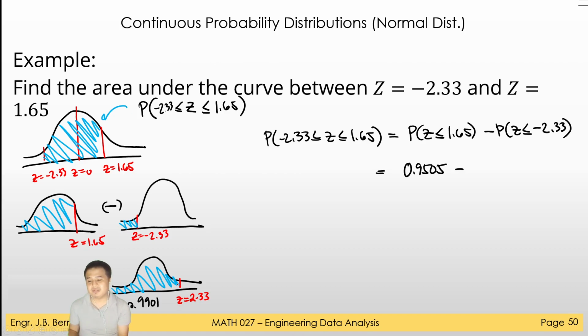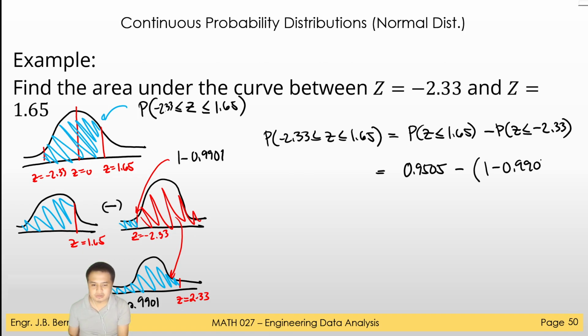And we know that the bell curve is symmetrical, so what we have in the table is this as well, no? So this is equal to this, di ba? So therefore, the actual value of this is 1 minus 0.9901.